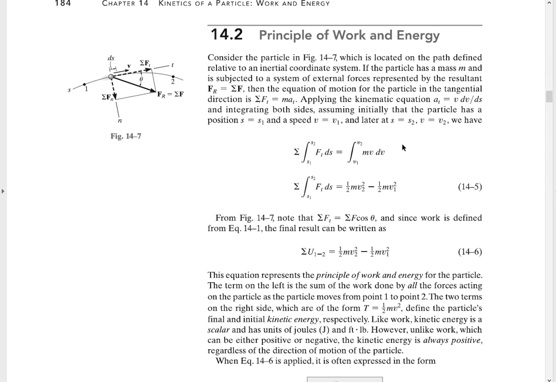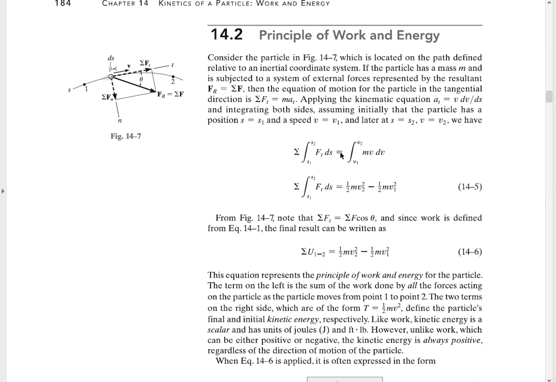And if we integrate between two positions, s1 and s2, then we have on the left hand side the work of the forces that act upon the particle, and we know now that's only the tangential component that produces work.